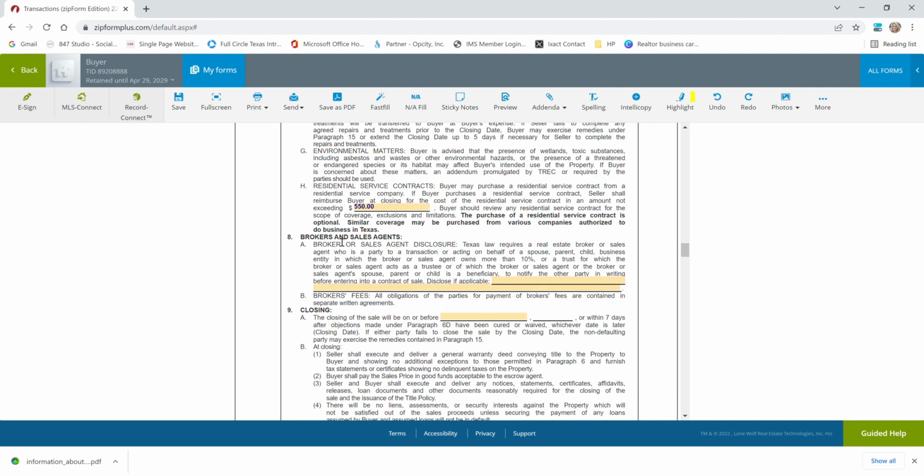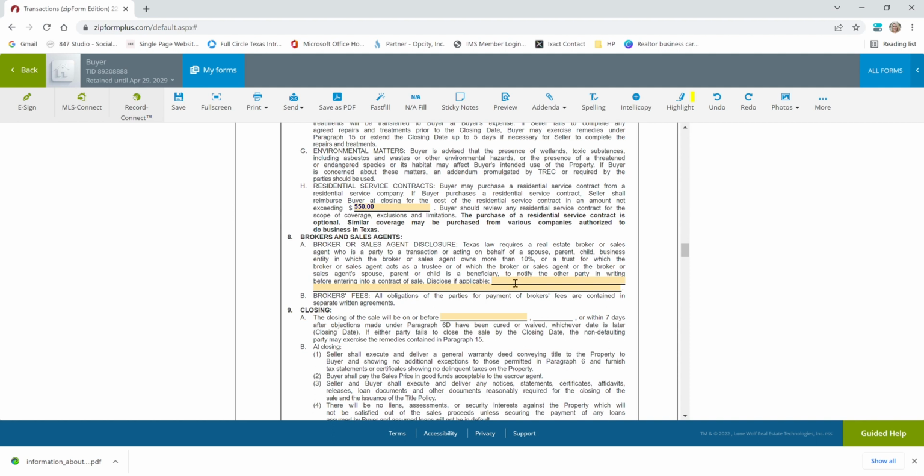Here under brokers and sales agent, basically this is if you're working with a parent, a brother or sister, anything like that that you need to disclose, you need to put that here. Remember, it's just if you're working with a spouse, a parent, a child, or a business entity. It's not your cousin or anything like that.